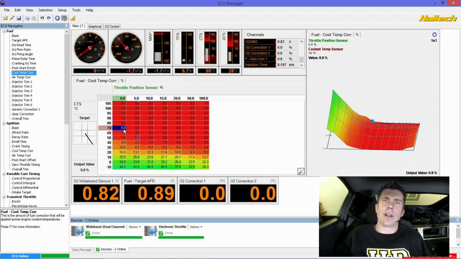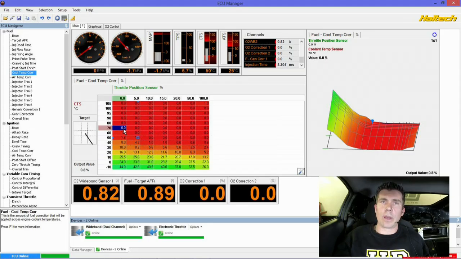Now, one thing I will point out that's really important, and I can't stress this enough, make sure you go through all of your compensation tables before you actually start tuning. And what you're going to be looking for is making sure that there's no stupid corrections in there that are going to have you chasing your tail. And I'll give you a really good example of that in a minute.